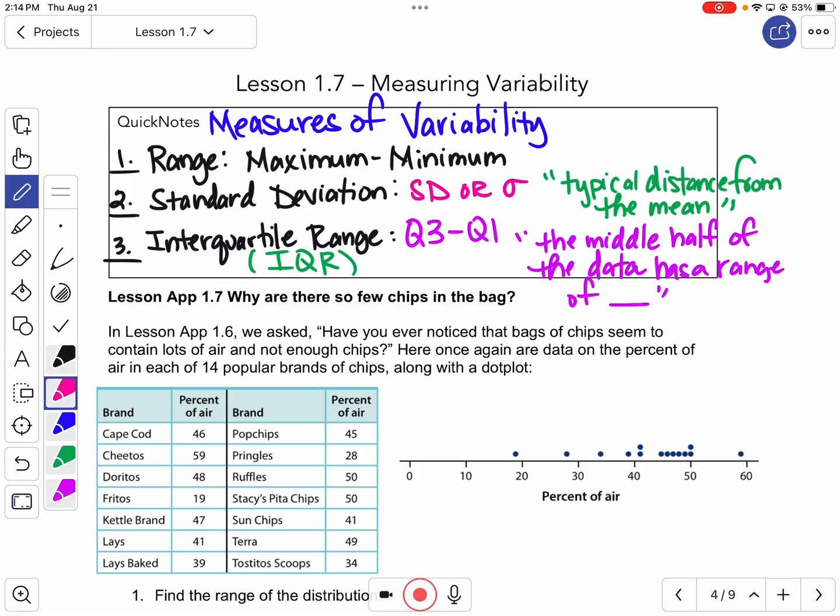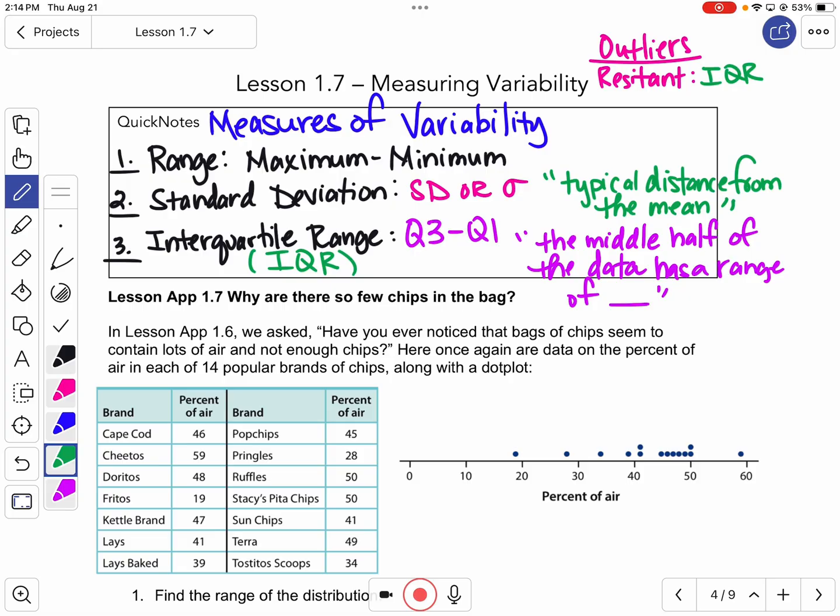Yesterday when we talked about mean and median, we talked about one being resistant to outliers and one being non-resistant, meaning an outlier is going to change it, okay? The same is true about these, all right? When we're talking about outliers, resistant, meaning that an outlier is not going to change it, is the interquartile range, IQR, right? If I have an outlier, the IQR should stay the same, okay?